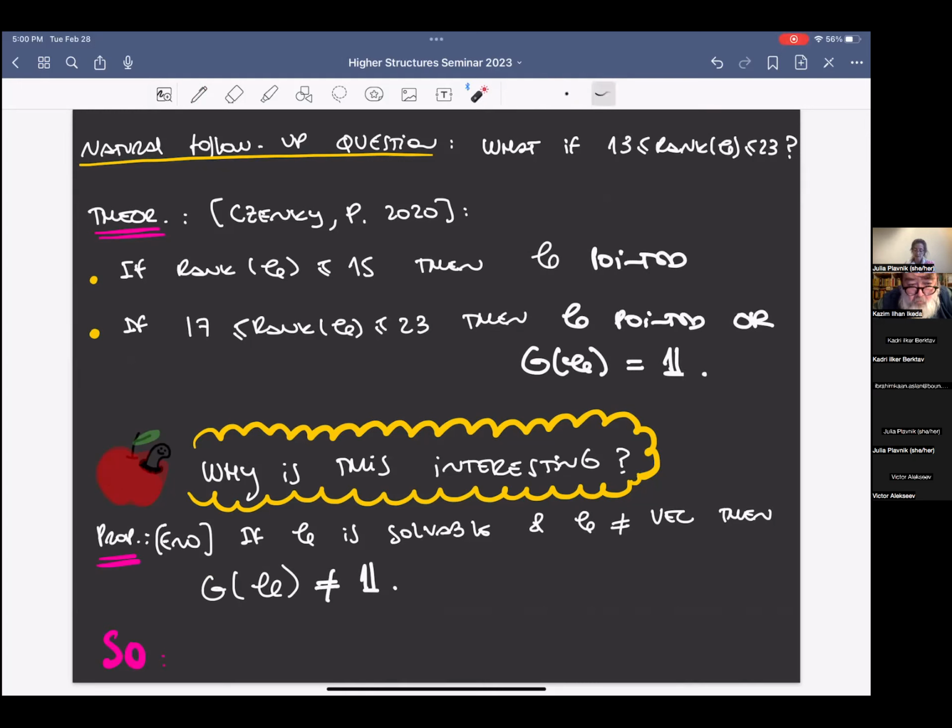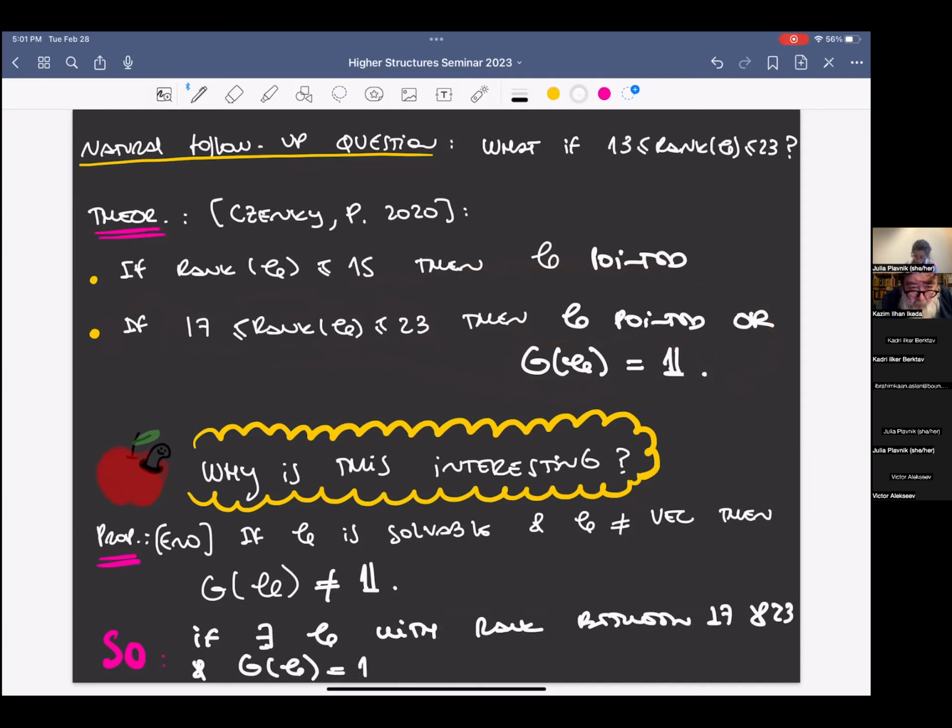So what this is telling me is that if there is a C with rank between 17 and 23, and the group of invertibles is 1, then this category cannot be solvable, because it's not Vec, the rank of Vec is 1, and it doesn't satisfy this.